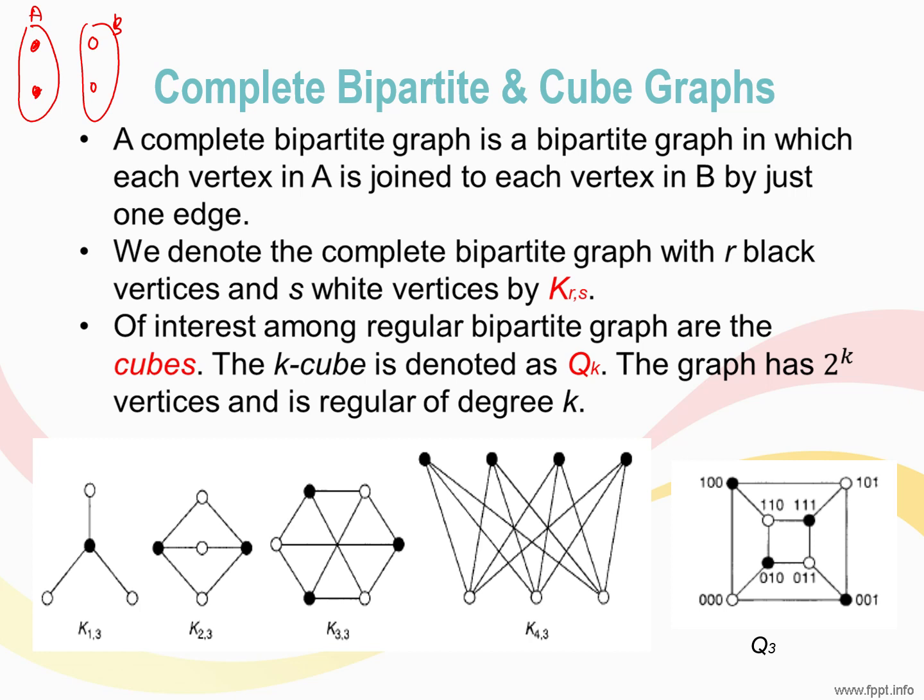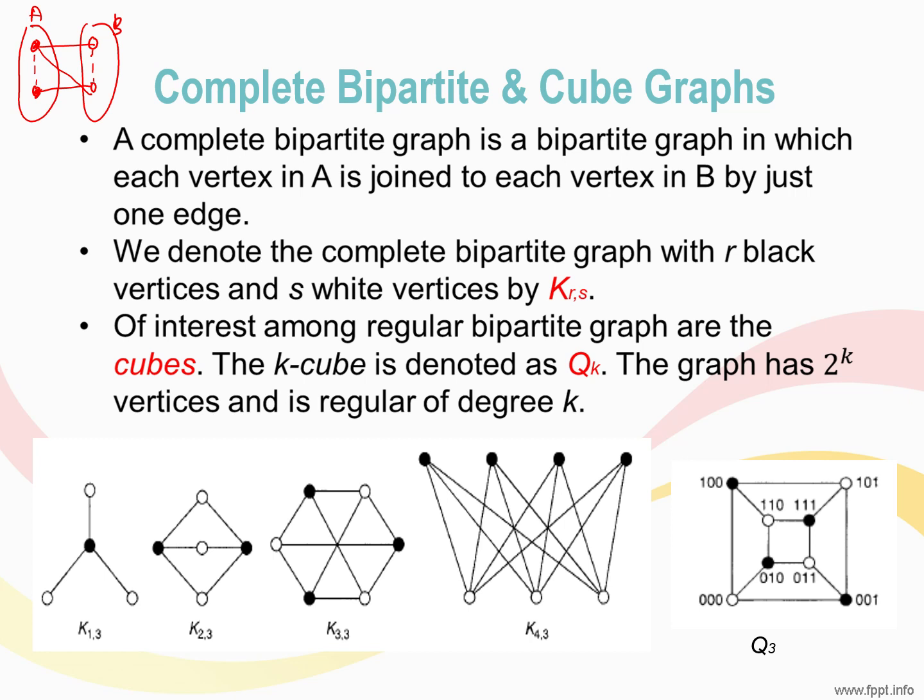There is an edge connecting the first vertex in set A to a vertex in set B, like this one. Another vertex in set A connects to another vertex in set B. So this kind of graph can be considered a bipartite graph. From this bipartite graph, you can see that there is no edge connecting the vertices in the same set.